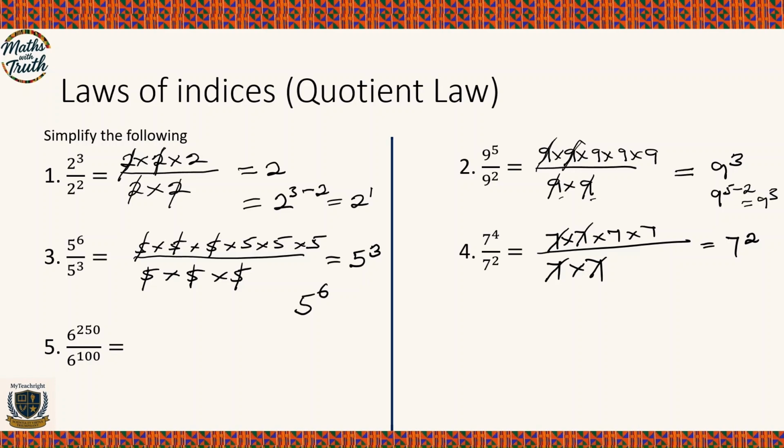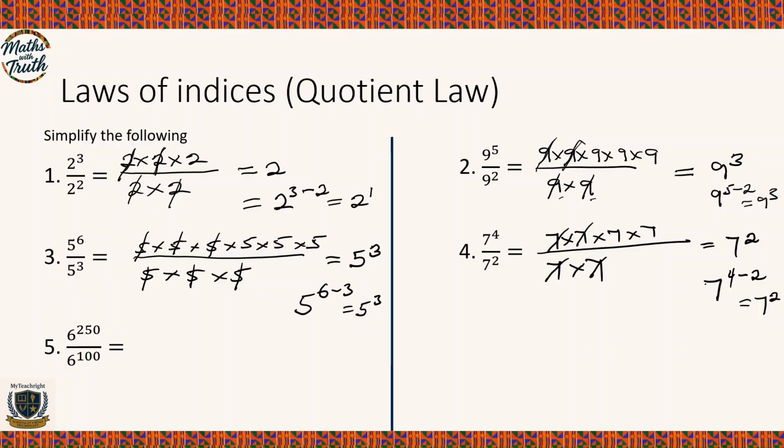So we cancelled out 3 5's from the numerator, and that leaves us with 5 exponent 3. Again, in example 4, we started with 7 exponent 4, and then we cancelled out 2 of the 7's because the denominator is 7 times 7, and that leaves us with 7 exponent 2.